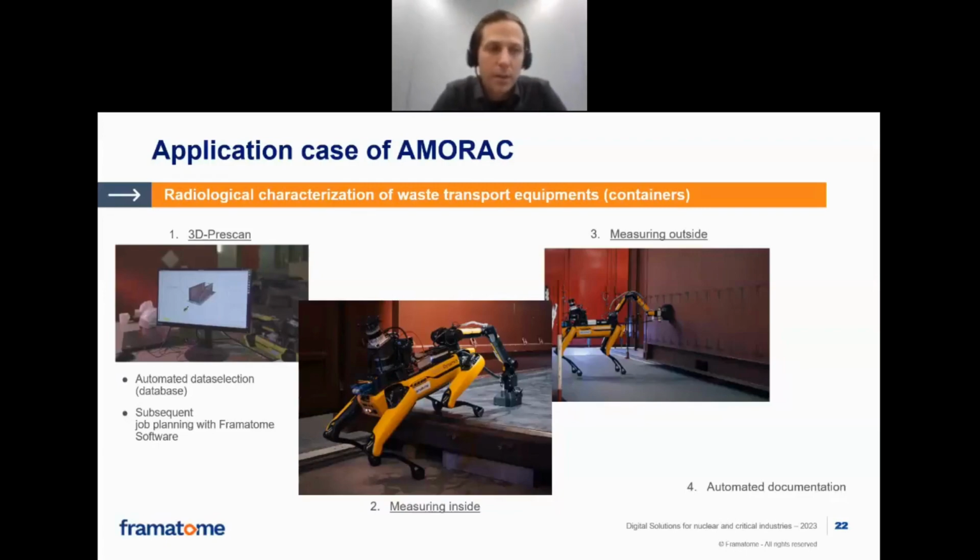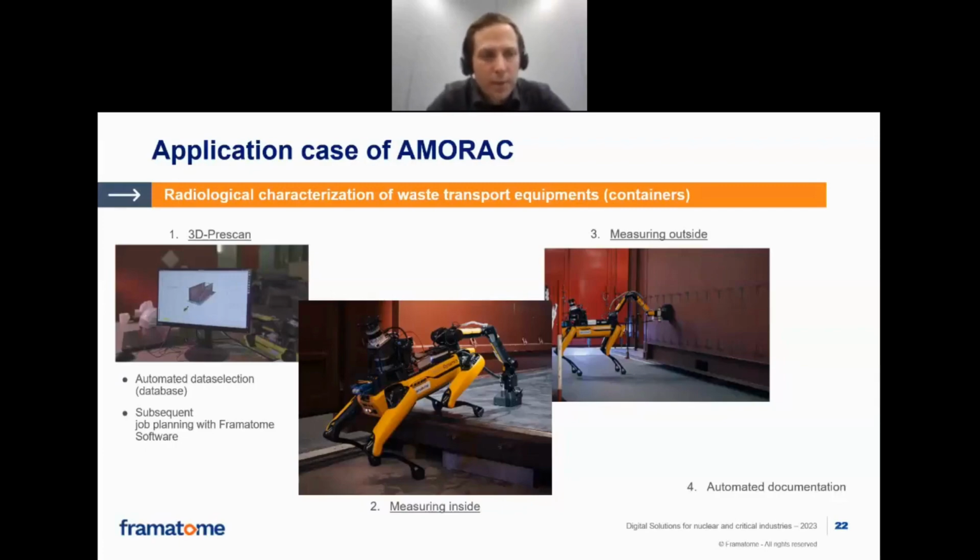Before Amarok can start its autonomous task or job, we have to make a 3D pre-scan, in the manner that Amarok makes one round around the object of focus. In this case, it's a transport container.